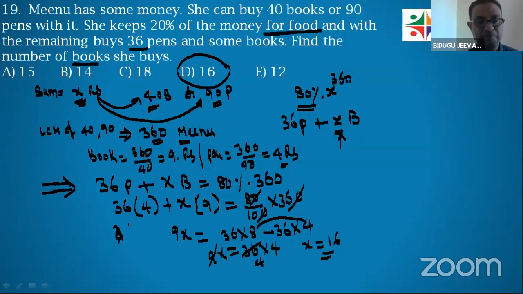So 9 rupees here is 4 rupees. Only 80% of the money she used, because she spent 20% of the money on food. You can calculate here, or you can write directly. Simplification, calculation should be very smart. Follow my point. I'll just go to question number 20.